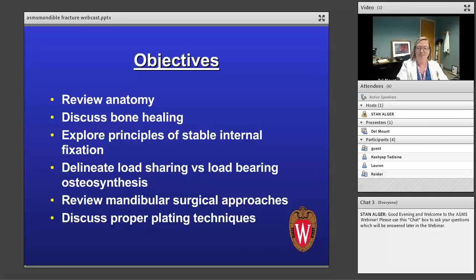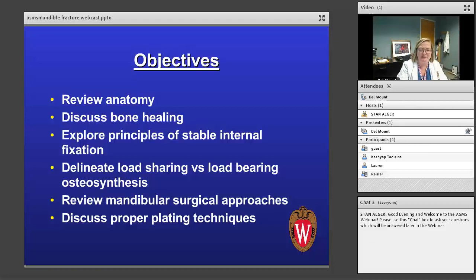So basically, I want to go over some of the objectives of our webinar tonight, which is to review some of the anatomy, particularly some salient features about where fractures commonly occur in the mandible. We'll talk about bone healing, both primary bone healing as well as secondary or callus healing.